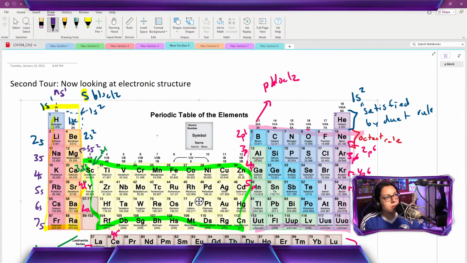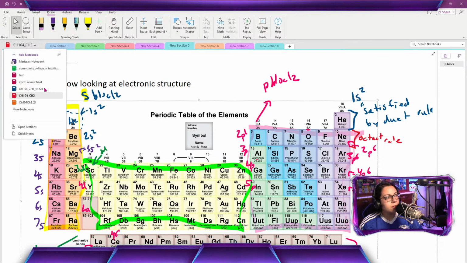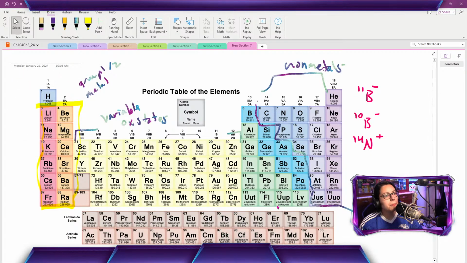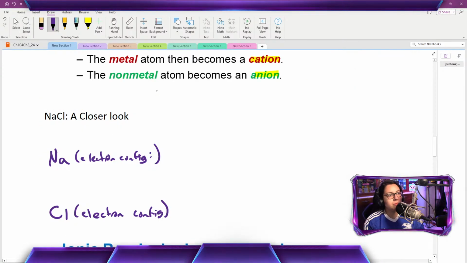We said we started with our 1s, so write 1s2, or we could have written neon if we wanted to take our shorthand approach. I'll write the full thing out. 1s2, because we fill all those electrons in, and then we go back.